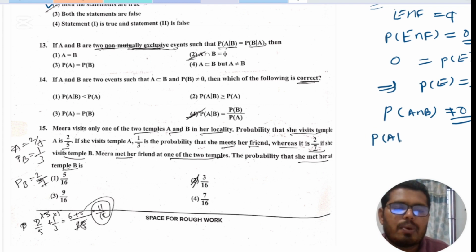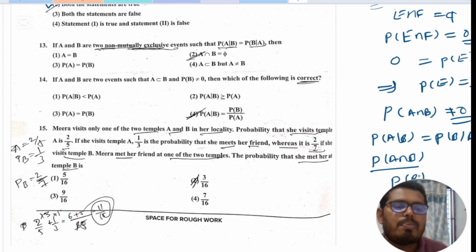P of A given B is equal to P of B given A. By using the definition of conditional probability, P of A intersection B divided by P of B is equal to P of A intersection B divided by P of A. These are not equal to zero, therefore they easily cancel. We get P of A is equal to P of B. Therefore option number 3 is correct.